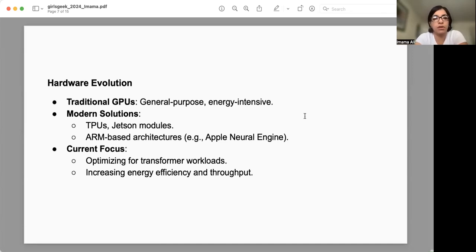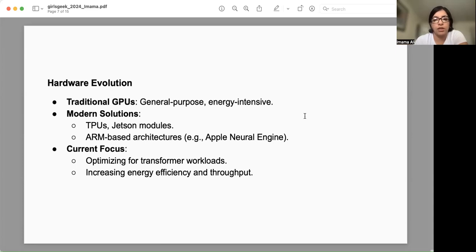With regards to the hardware evolution for these models, earlier people were just using GPUs. Now people are using more specialized hardware like TPUs and Jetson modules, and ARM-based architecture, and other NPUs to accelerate the compute.